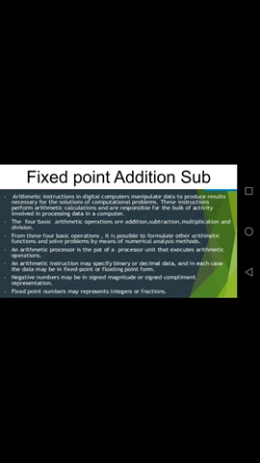The disadvantage with the fixed point representation is that the range of real numbers that can be represented using fixed point is limited when compared to other representations such as floating point representation.